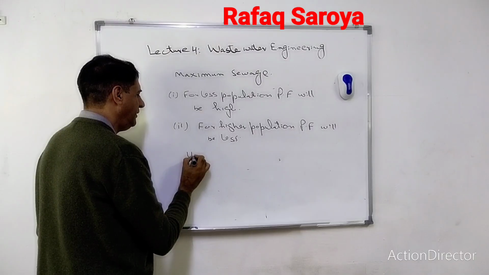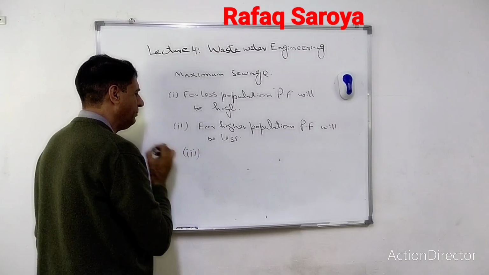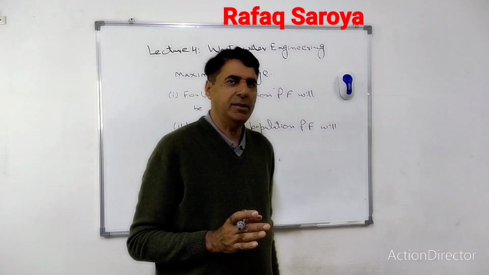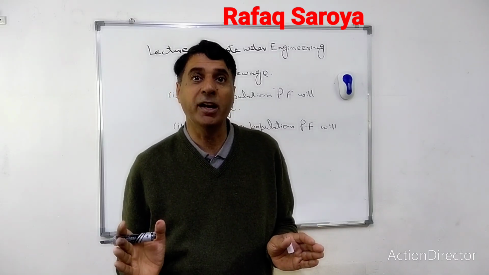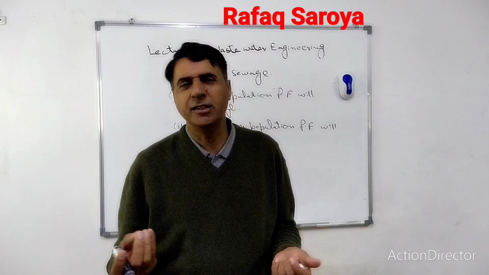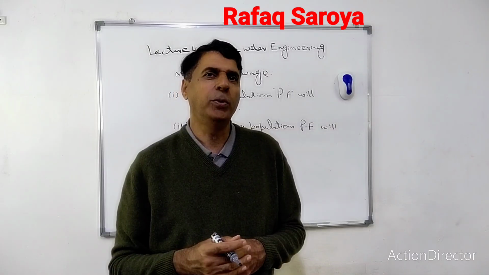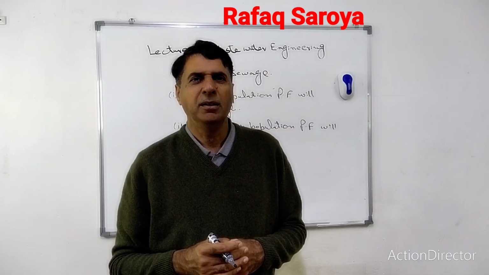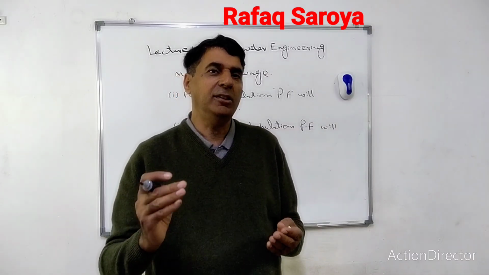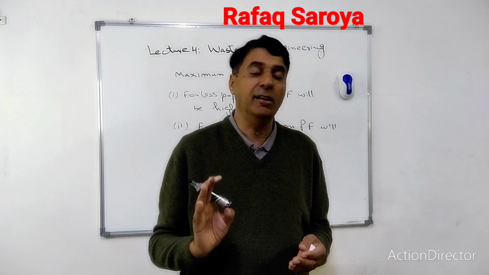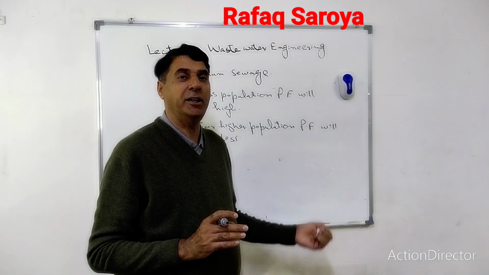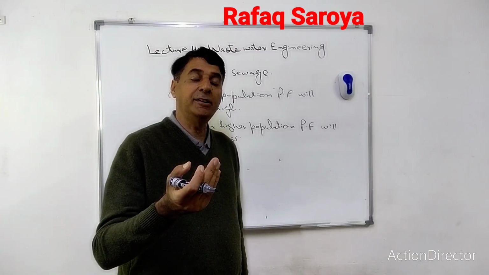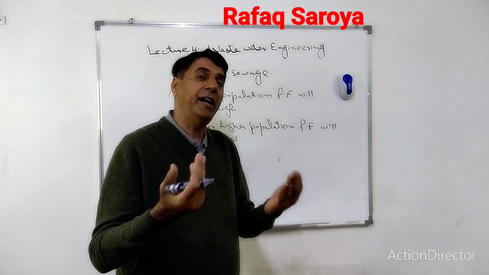Now, third point, it is not mandatory, but I should tell you. Sometimes when we are designing the sewer system for a small community, its value is taken between 2.5 to 3. Sometimes this is the condition given by the designing authority, that keep this value either 2.5 or 3 in order to avoid over design.